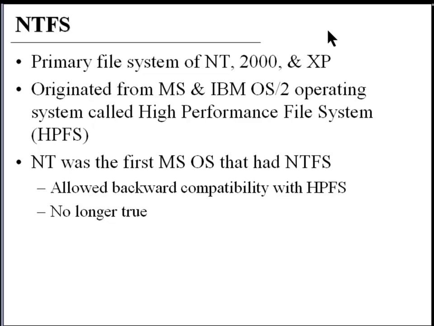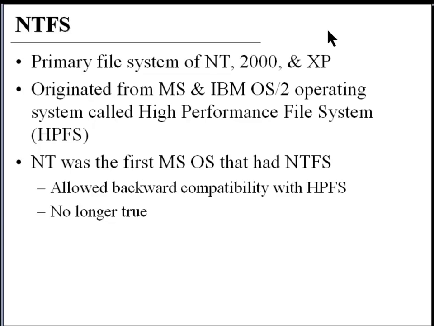NTFS originated from the Microsoft and IBM OS/2 operating system, and the file system was called the High Performance File System. So it was somewhat similar to other modern file systems, including NTFS and all of the Linux and Unix-based operating systems, and the Mac OS X High Performance File System and File System Plus.